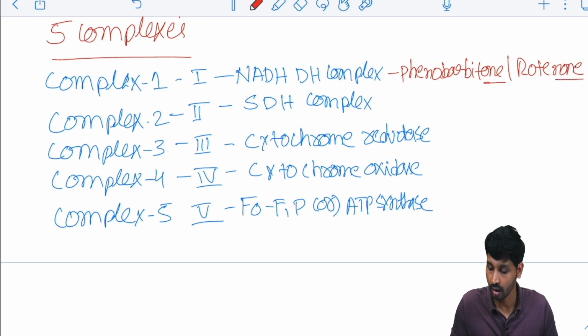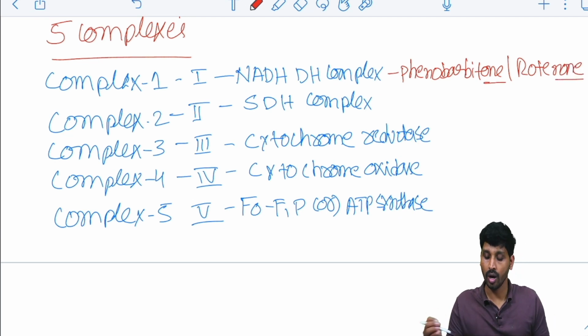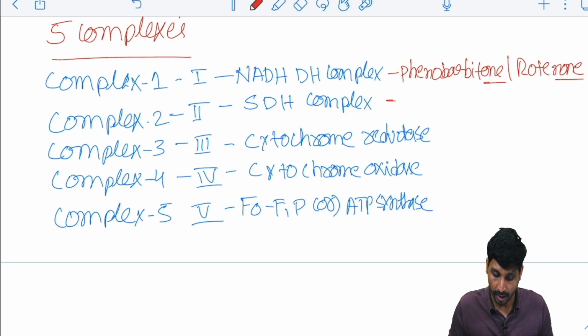You see the last letters: phenobarbital, a barbiturate, has 'l' at the end, and rotenone has 'e', and we are inhibiting complex 1. Complex 1 is inhibited by phenobarbital and rotenone.